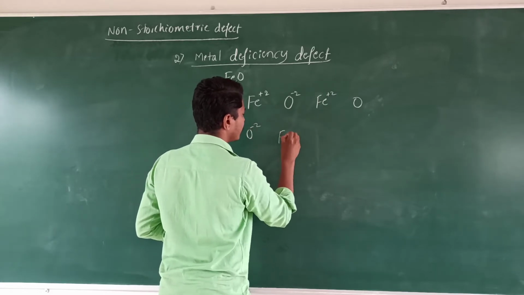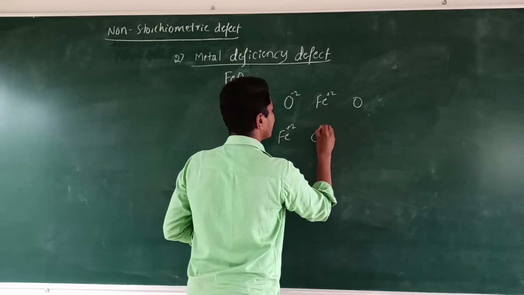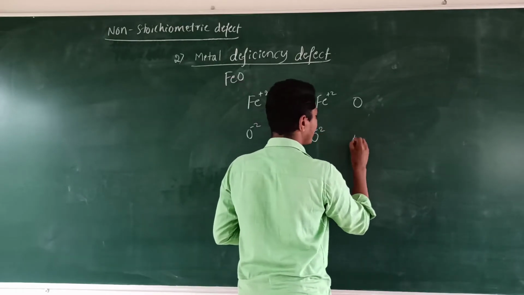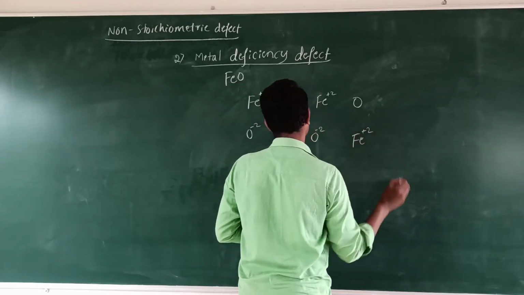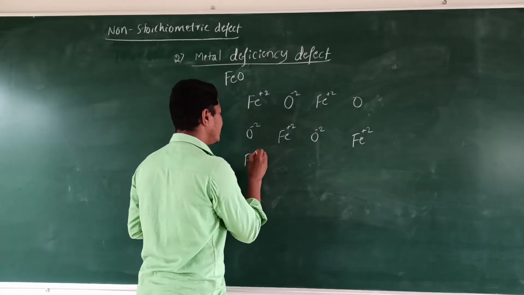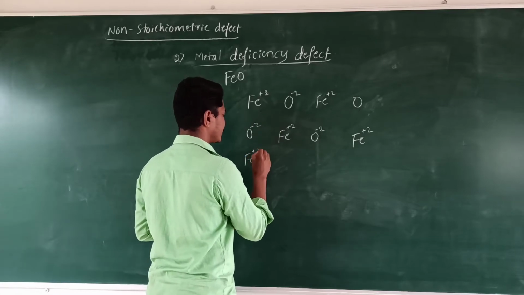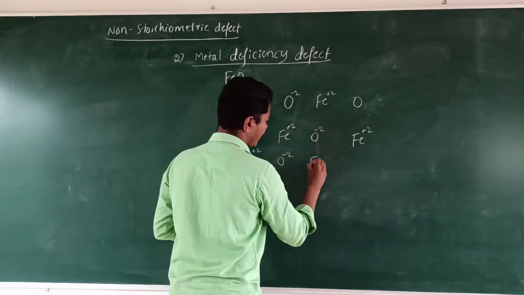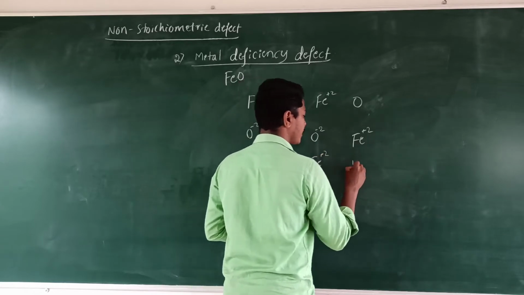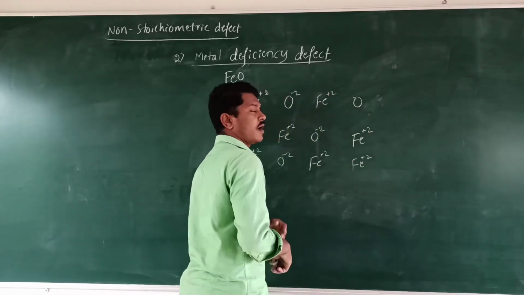What happened here? Oxygen having two valency and the metal having plus two valency, both are matched here. Before the defect, it is arranged like this. After the defect, some of the plus two ions are eliminated.